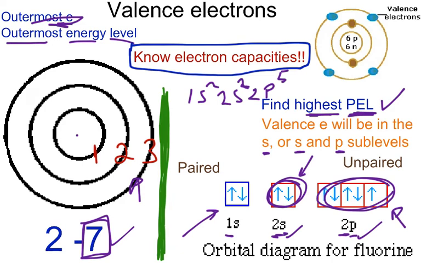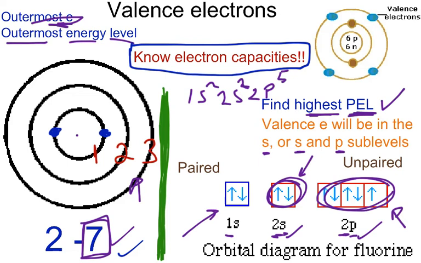And there's a simple rule for that. It's called the 2n squared rule. So once we did that before, 2n squared for energy level number 1 tells us that 2 electrons are held there. So if you have, for example, to map fluorine out, you would put 2 electrons, 1, 2, in the first energy level and no more.